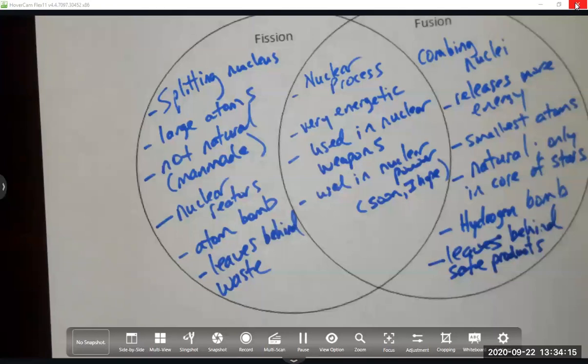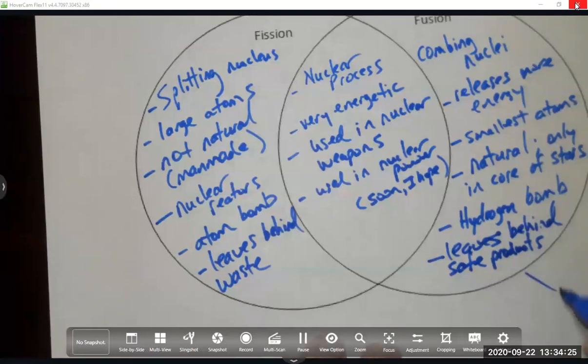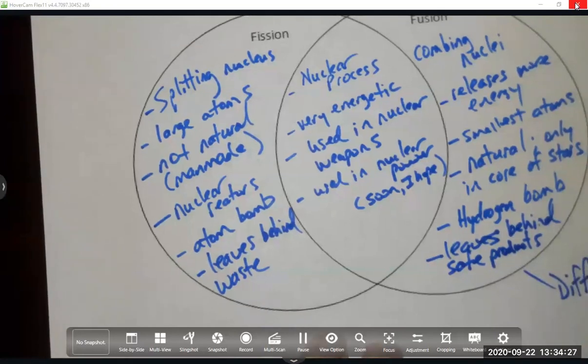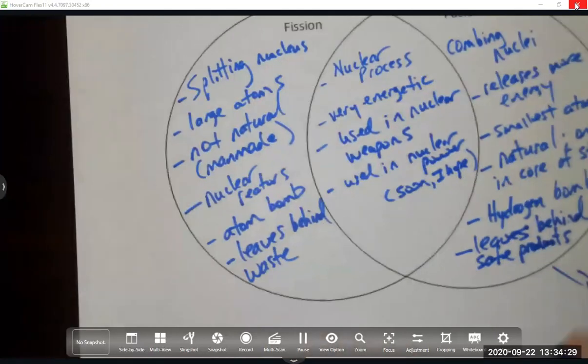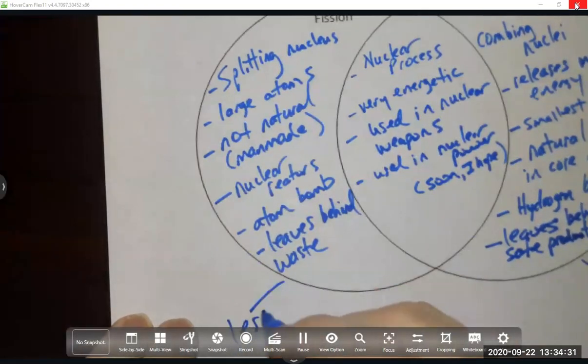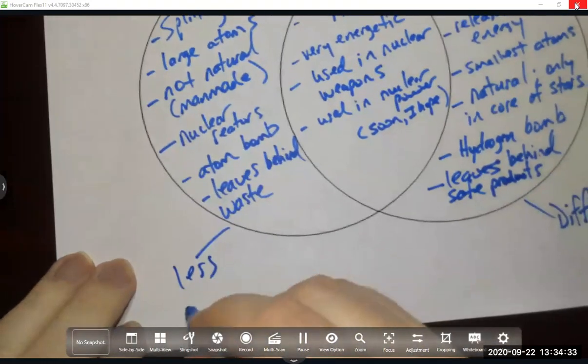So all in all, fusion seems to be a little bit better as far as getting some use out of it, but it is a more difficult process than fission. So why don't we just put that? Difficult, and we can even put down here less difficult. Why not?